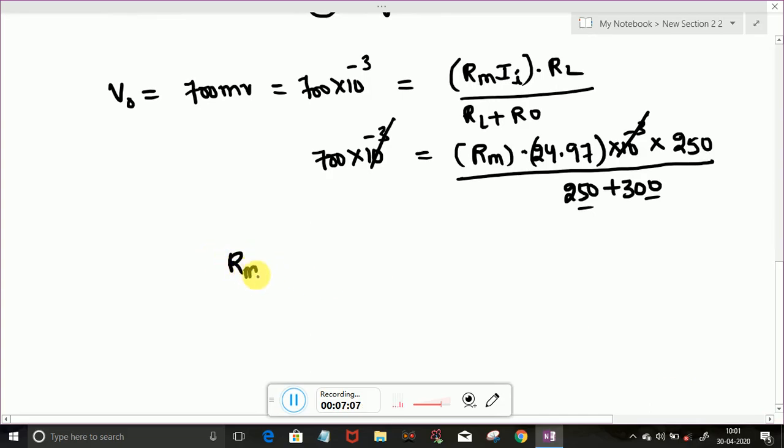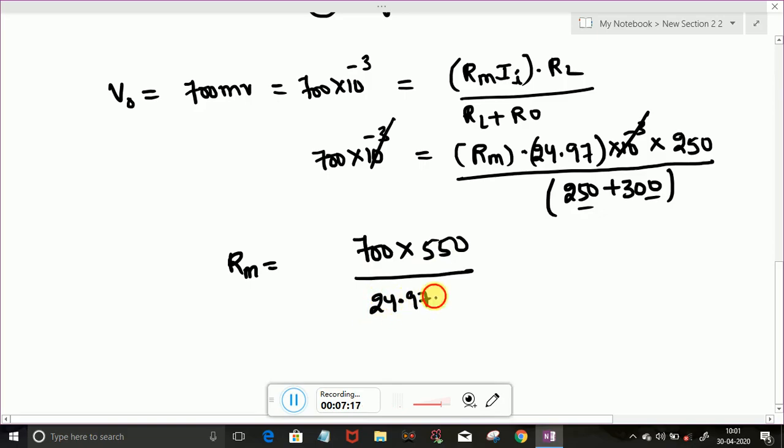You can write Rm equal to, you bring this total value to this side, so 300 plus 250 will be 550, by 24.97 into 250. Now if you simplify this, clearly you can see the numerator is much greater than the denominator, so you will get a much higher value.